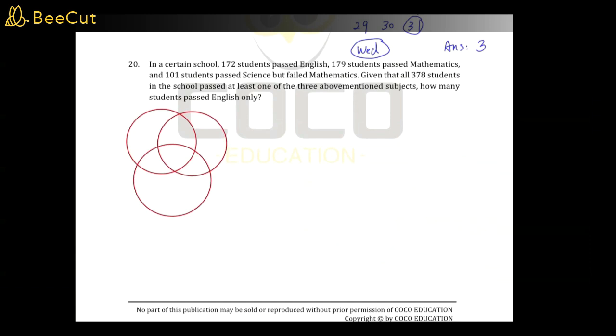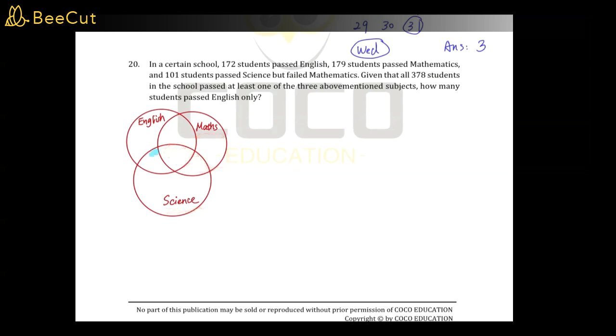Now, 172 students pass English, 179 pass math, and then 101 students pass science but fail math. Now, we know that the overlap between these 2 circles is those who pass math and science at the same time.